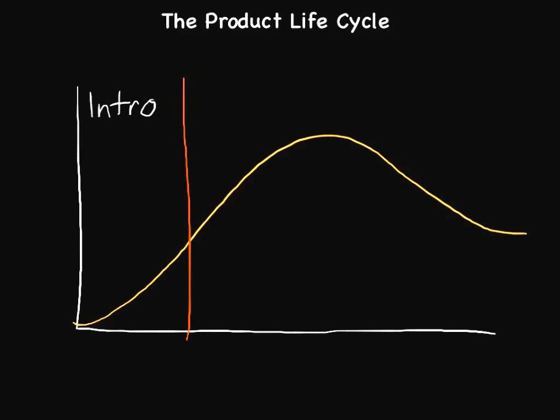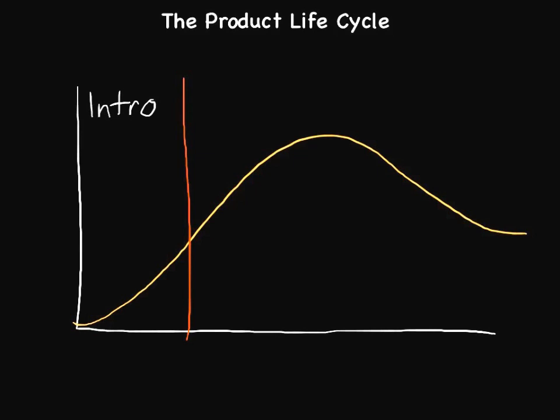The next example of products in the introduction stage are electric vehicles. We've seen the push towards being more socially responsible and more environmentally conscious, if you will. And so part of that is developing technologies related to reducing harmful emissions caused by most automobiles. However, you really haven't seen them widely adopted yet.